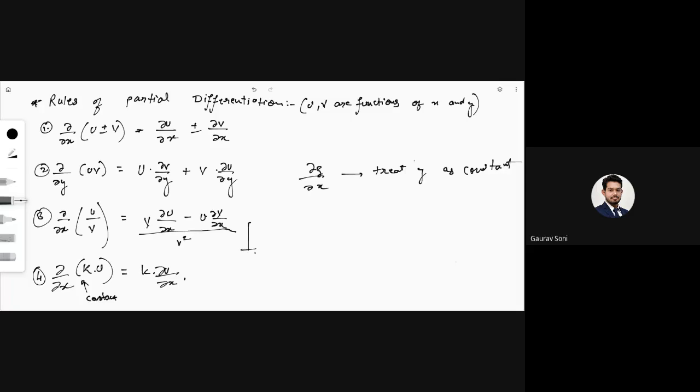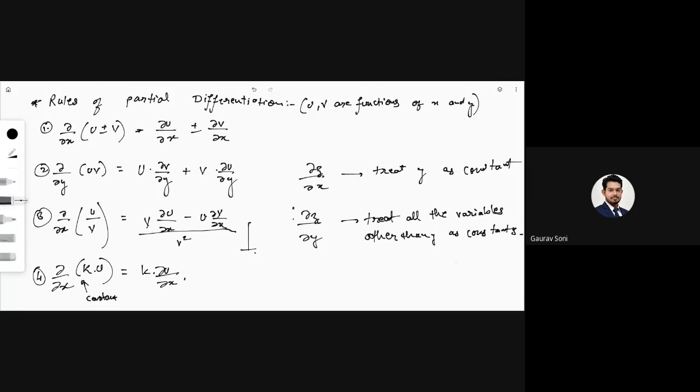Or if there are more than one variables, then I will say that apart from x, all of them are constant. The partial derivative of z with respect to y, in this case, treat all the variables other than y as constant.